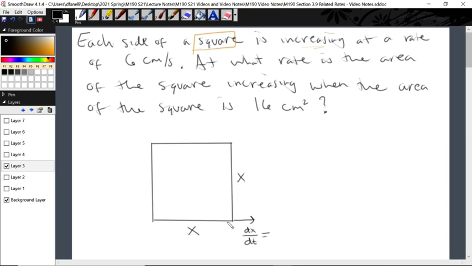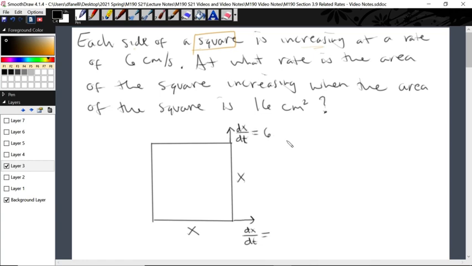Now, if the side length were decreasing, I would have drawn the arrow in this direction instead. I also would want to put one here, showing that the square is getting smaller if those two lengths were decreasing. But for this exercise, each of these sides is increasing. In fact, all 4 of the sides are increasing. So this is also a dx/dt.